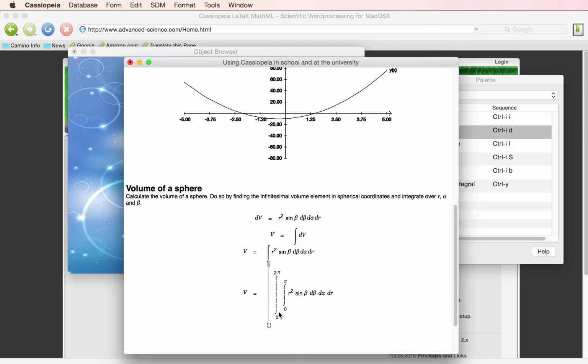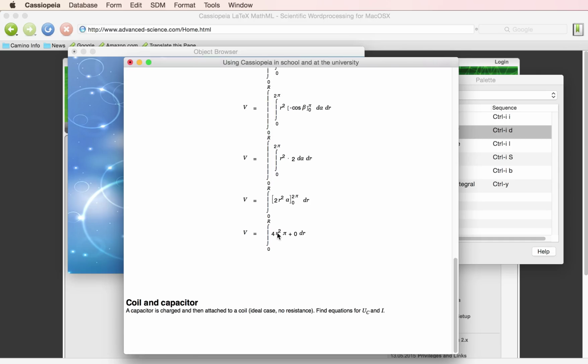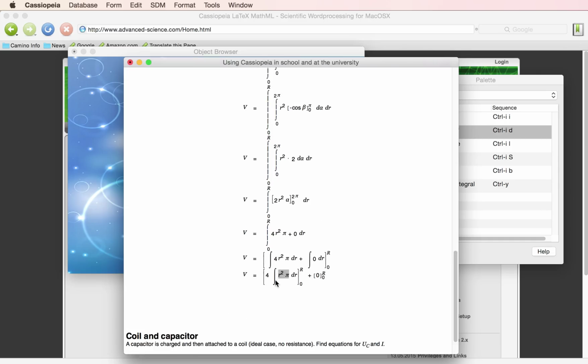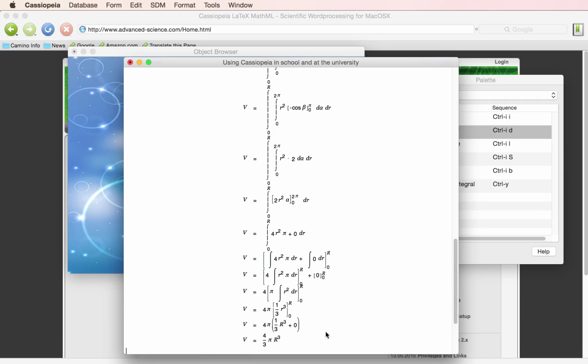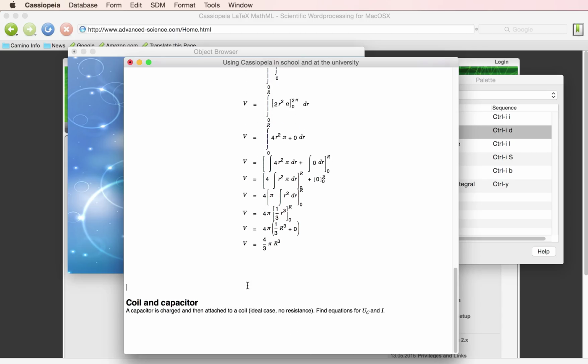And the next one will be integrated from 0 to uppercase R. Okay, I'll double-click until Cassiopeia has calculated the solution for us. Here we are, problem solved. Next one.